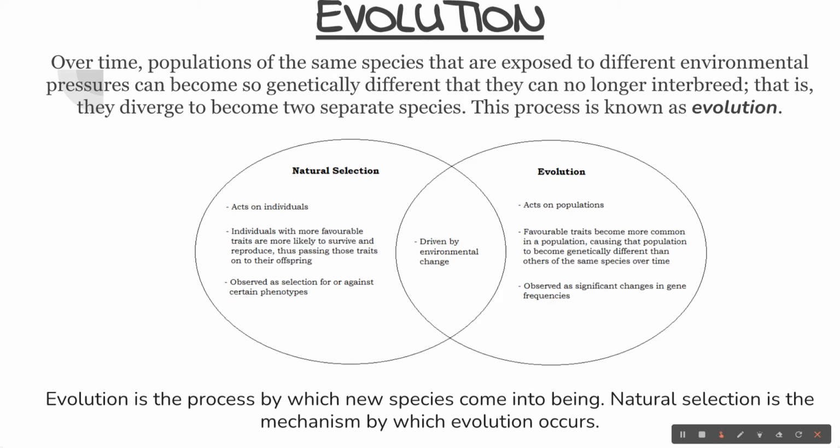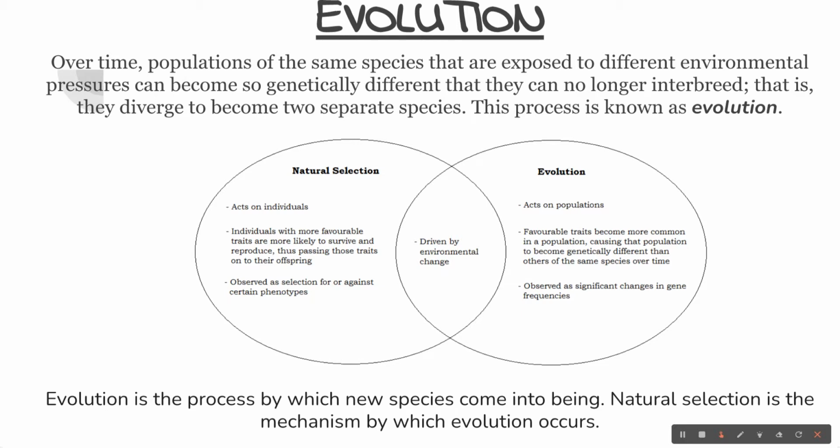So then, the process of evolution itself is over time. Evolution basically is a process by which new species come into being, which is those 4 traits that we talked about. They're different and things like that.